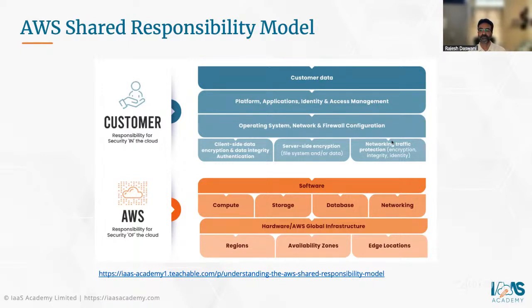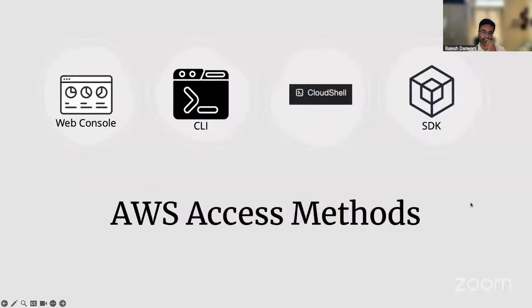Okay, so let's take a look at how you access AWS. Well, you can access it via the web console, using the CLI, using the CloudTrail tool, or programmatically with your application, using the software development kits for various languages, so Python, Java, whatever it might be. Okay, so there are different ways of accessing AWS.